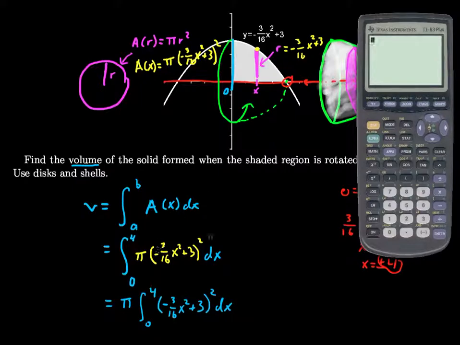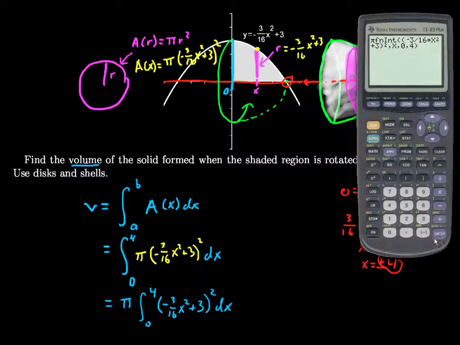Okay, so I'm going to put in pi times math, 9 is where I get fnInt, times the integral of, parentheses, negative 3 divided by 16 times x squared plus 3, close parentheses, that's the radius, squared, comma, x, comma, 0, comma, 4.